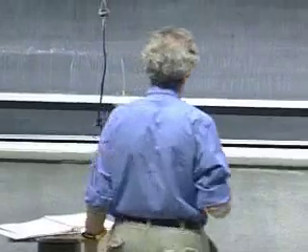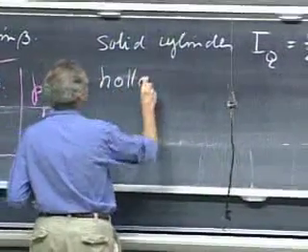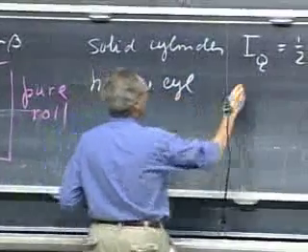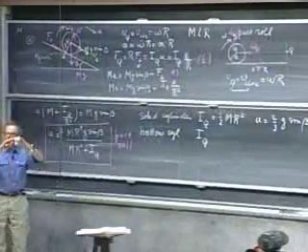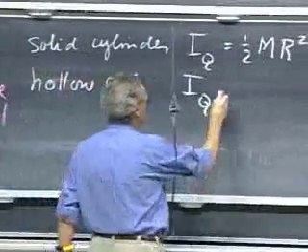That's what matters. So if we take a hollow cylinder, then the moment of inertia about this axis through the center of mass, through Q, if really most of the mass is at the surface, then it's very close to m r squared.